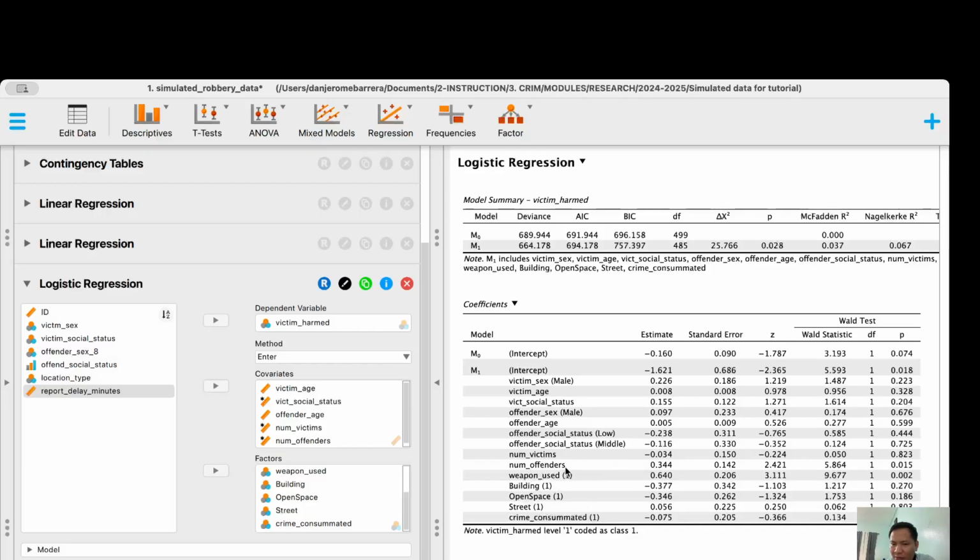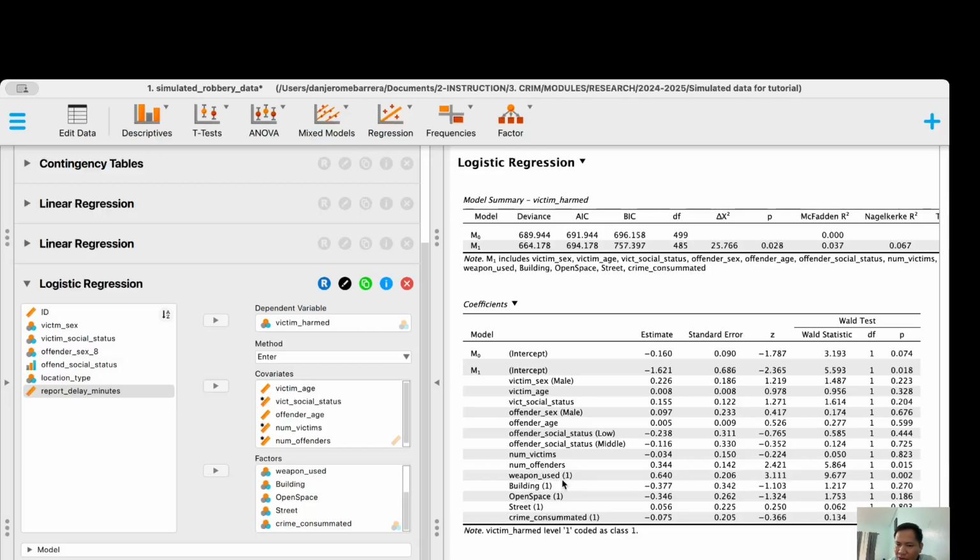Specifically, number of offenders is positively associated with the likelihood of being harmed, which means that if the number of offenders increases, the risk of being harmed during the robbery increases. So if there are more offenders, there is a higher likelihood, higher risk of being harmed.